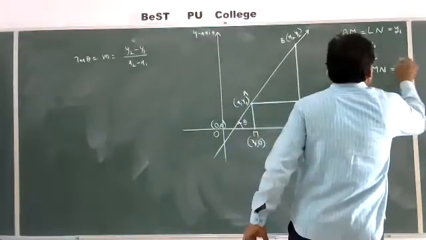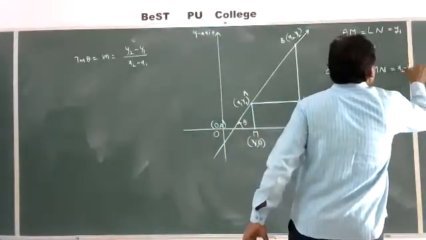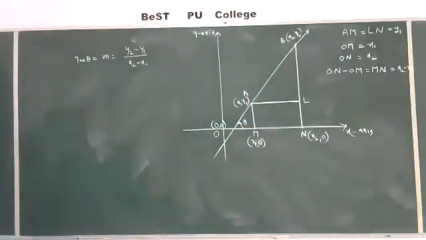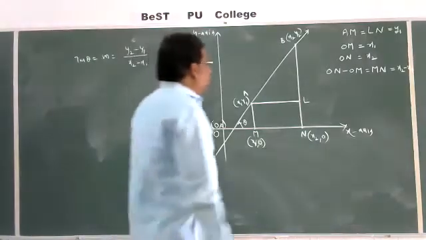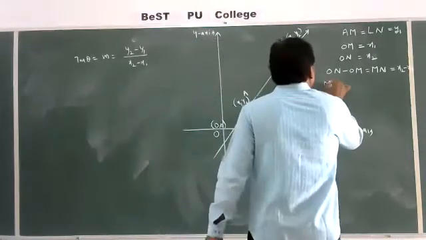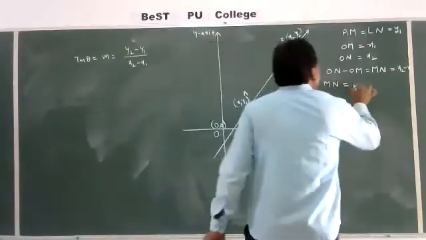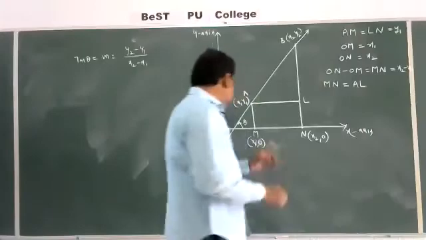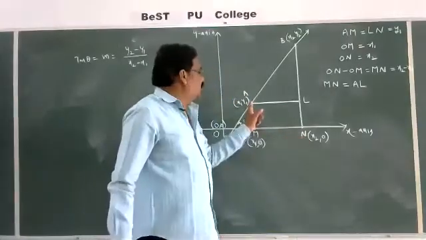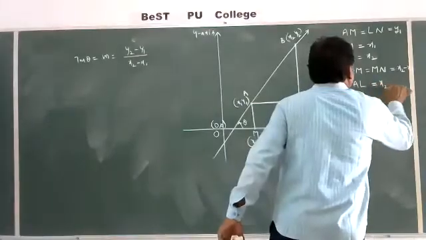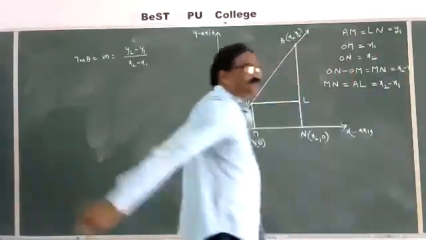This is equal to X2 minus X1. So MN length is X2 minus X1. MN is equal to AL. Observe this. MN length is equal to AL. That's why AL is also X2 minus X1.